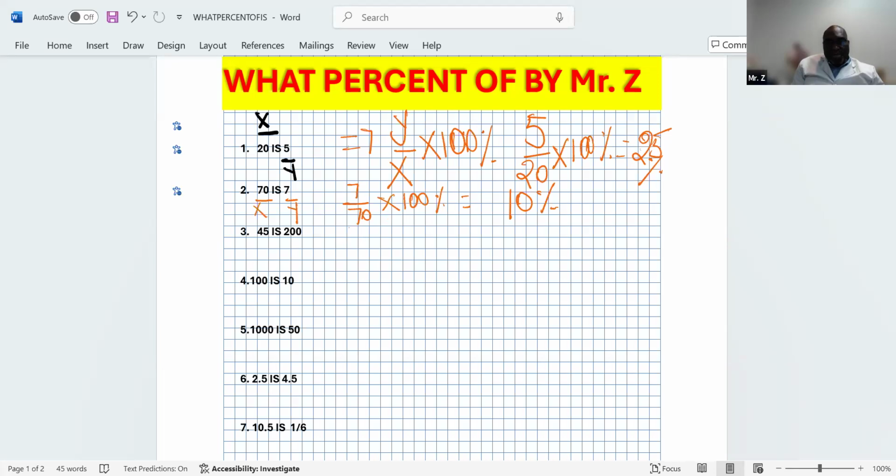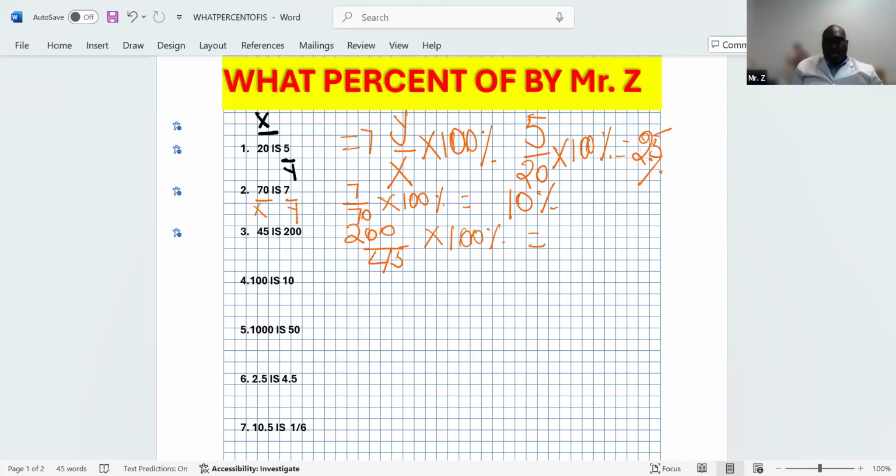Number 3 is going to be 200 divided by 45, multiplied by 100%. So once you do that, you have 200 multiplied by 100%, divided by 45.